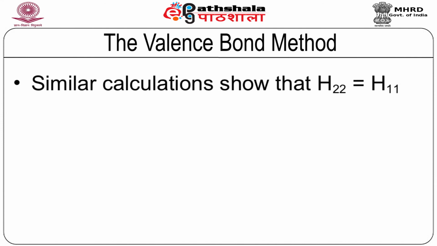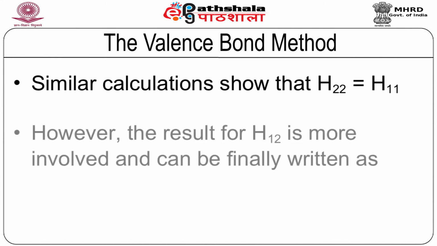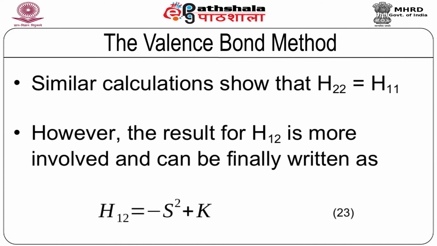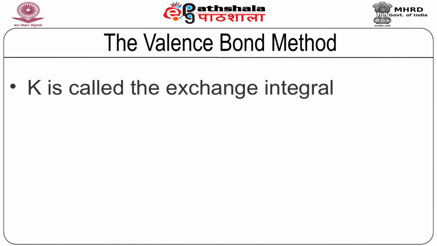Similar calculations show that H22 equals H11. However, the result for H12 is more involved and can be finally written as H12 equals minus s square plus K, where K is called the exchange integral.